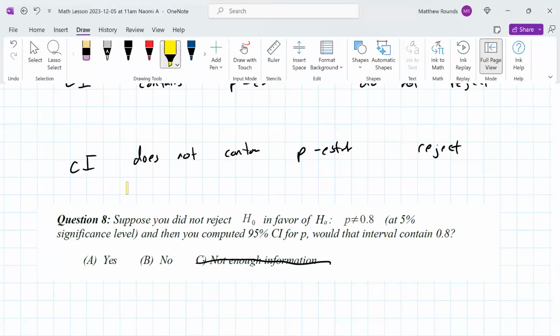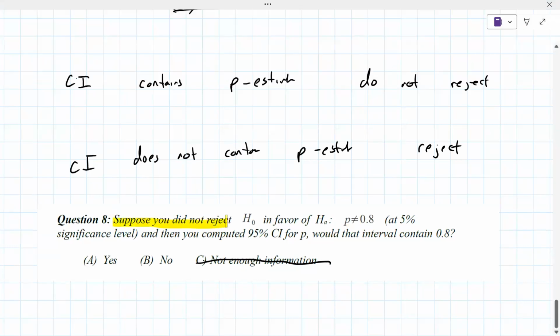Okay, so here is the information you need. You need that and that, I guess. That's the key thing in there. Which one of these two options is for did not reject? The first option.